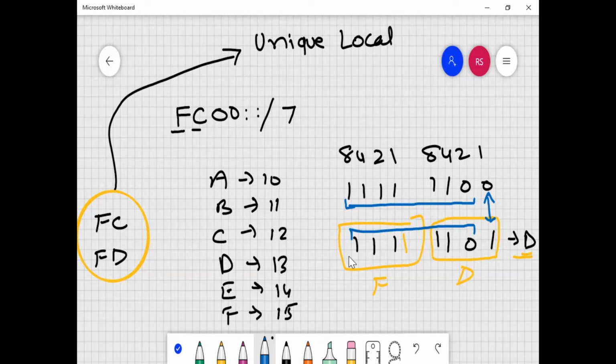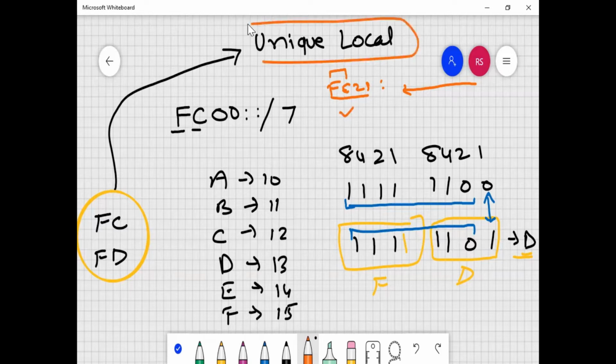The address may be starting with something like FC21, and then whatever. The rest of the 7 bits can be anything. But since it is starting with FC, if you check out this first 8 bits, FC, it means this is your unique local.